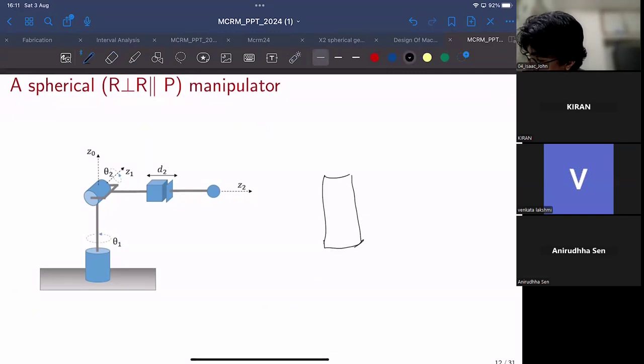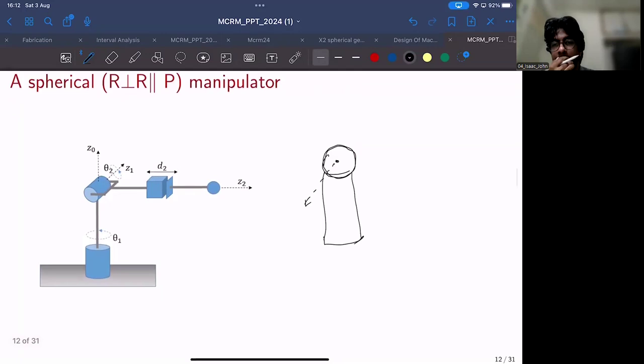we have a pedestal like this. I'll label this, and we have a joint like this. Okay, so we have one link that rotates. I'll also draw a fixed link like this. So this is the ground.